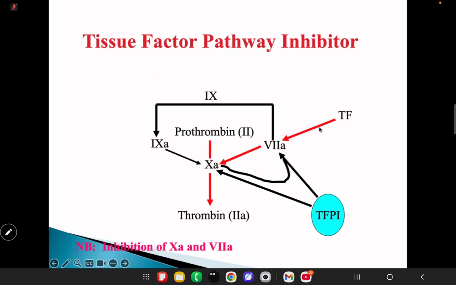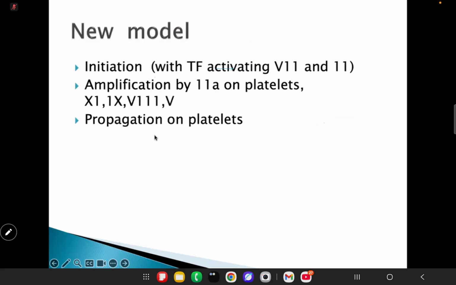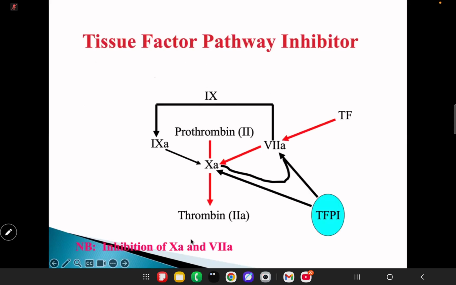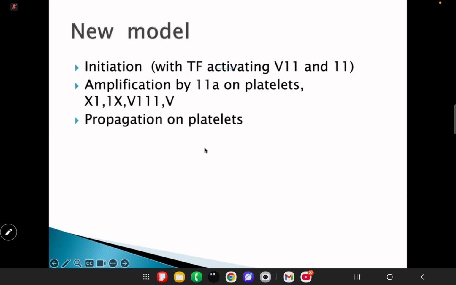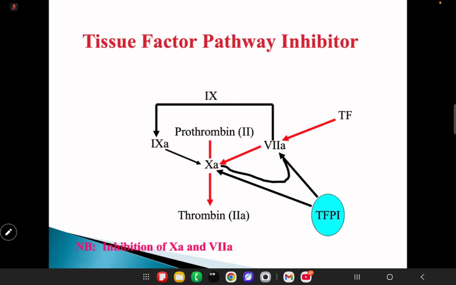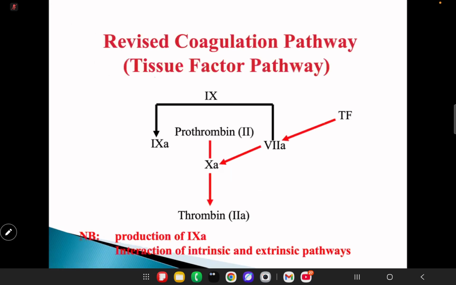That's the initiation. Then amplification mostly by thrombin, which tries to augment and amplify; it activates platelets and many factors, and tries to augment this process further and further.